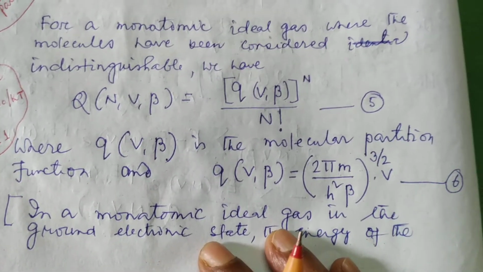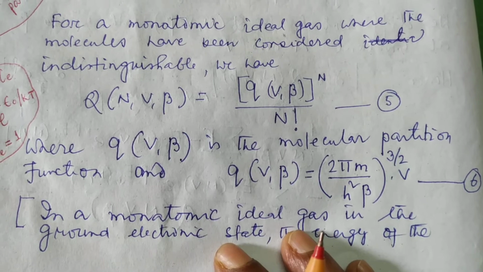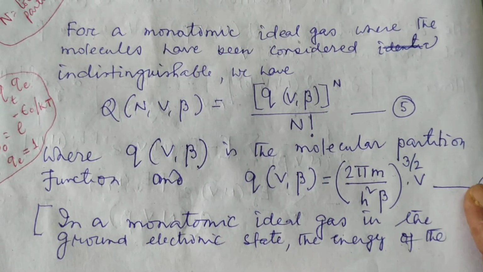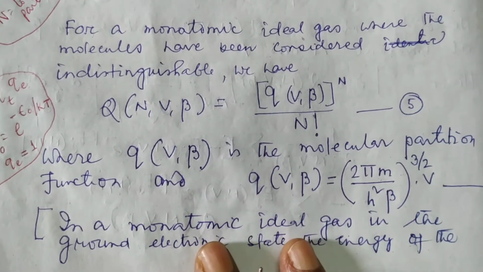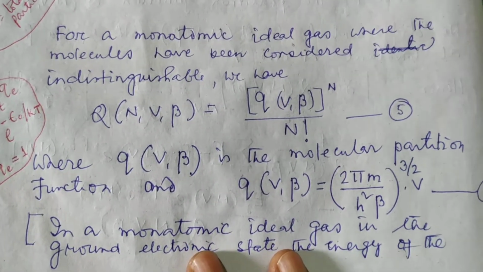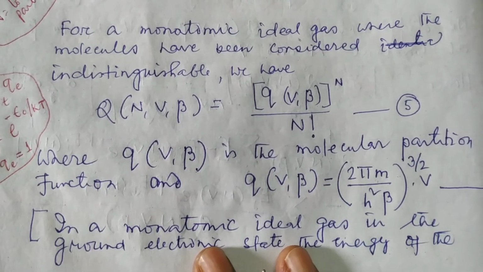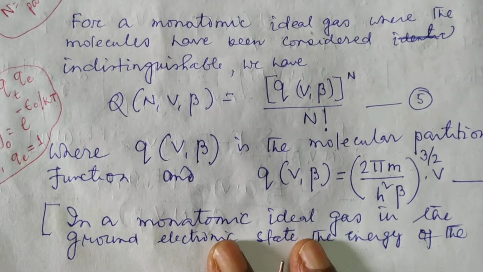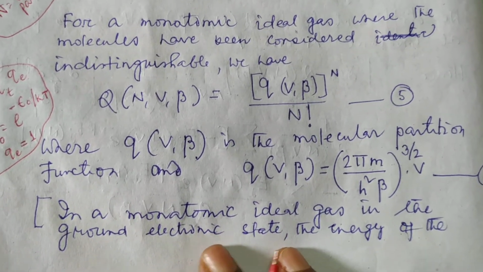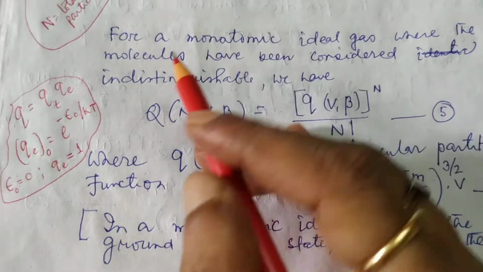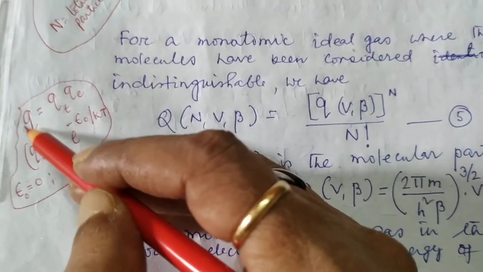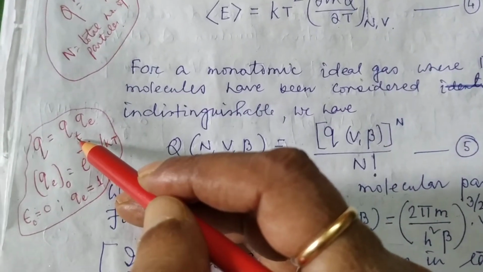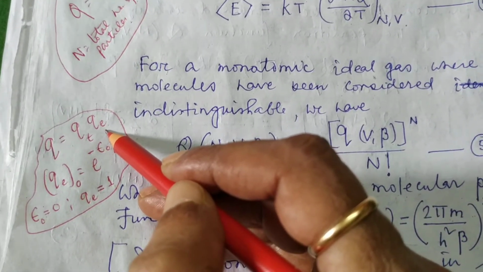Now in a monoatomic ideal gas, there is no vibration and no rotation since it is monoatomic. It may have only electronic energy and translational energy. If the molecule is in the ground electronic state, the partition function is the translational partition function multiplied by the electronic partition function.